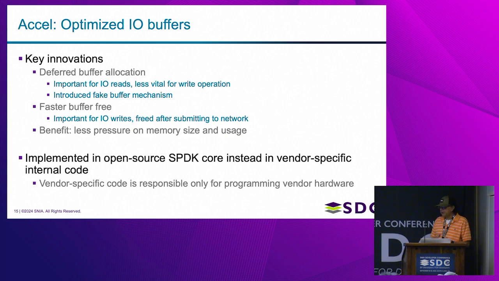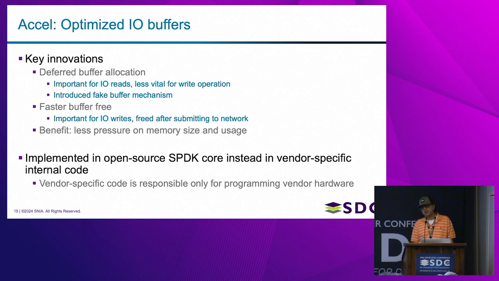One of the core areas where we think we have been able to make an impact is in the optimized IO buffers. Some of the key innovations that we made are in terms of being able to do deferred buffer allocation, which is important for I/O reads and less vital for writes.